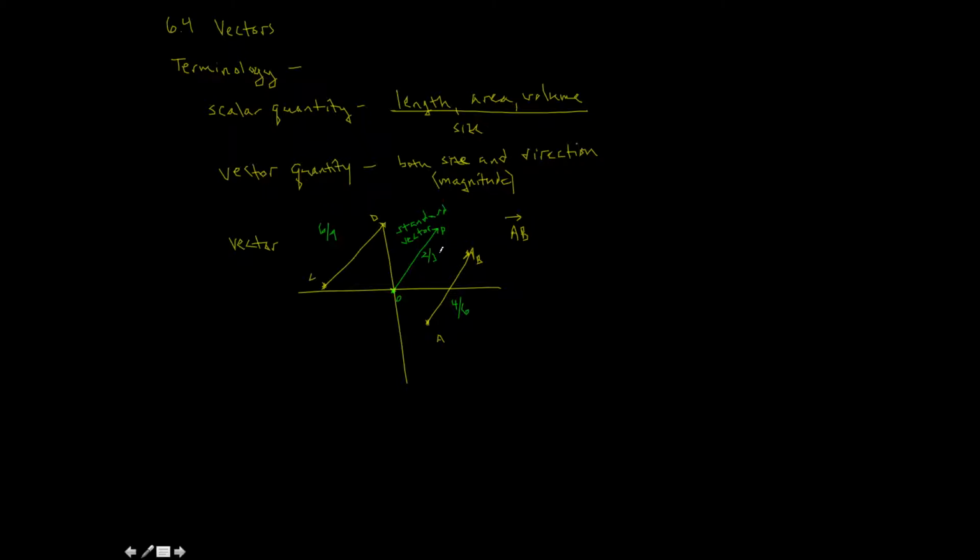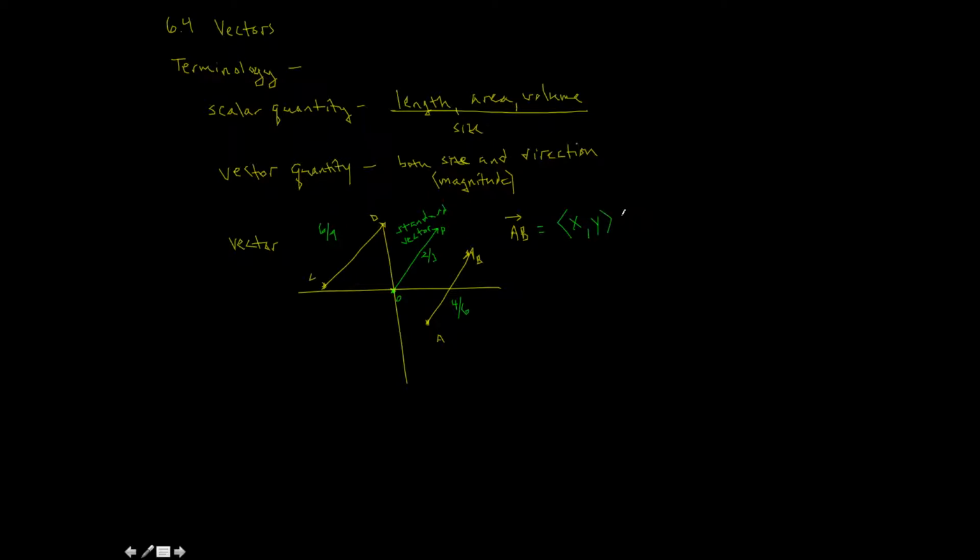Alright, so if you have a vector AB here, we can write this vector in terms of coordinates, and we write it like this. This is x, y, the coordinates of this vector.